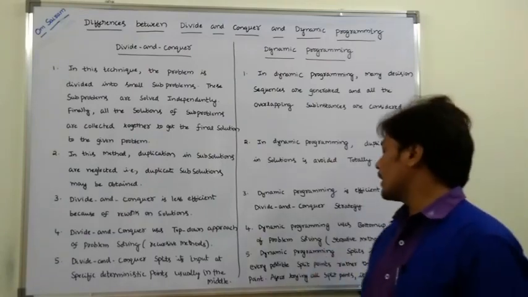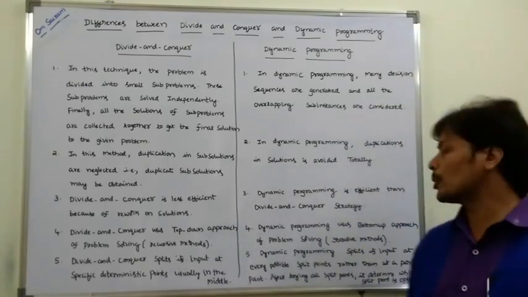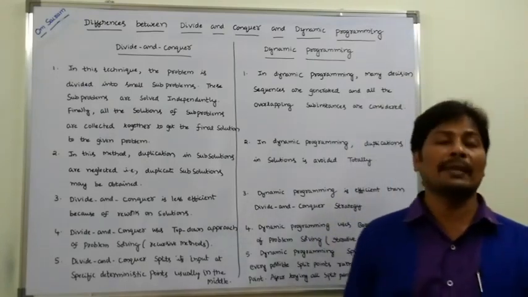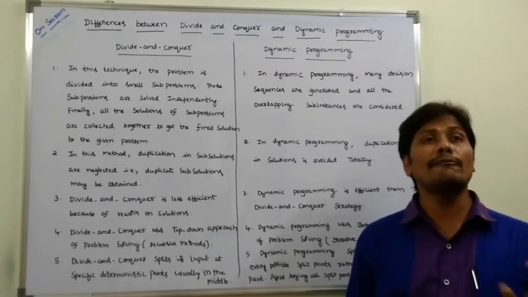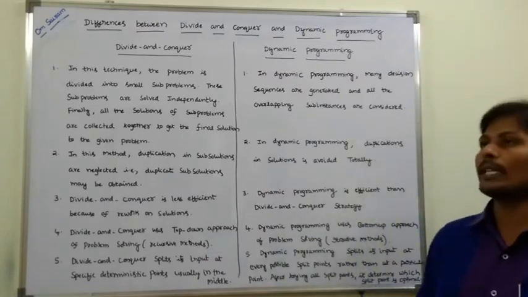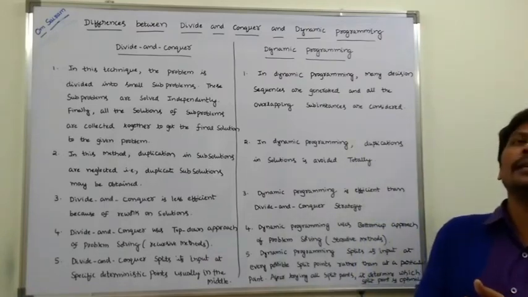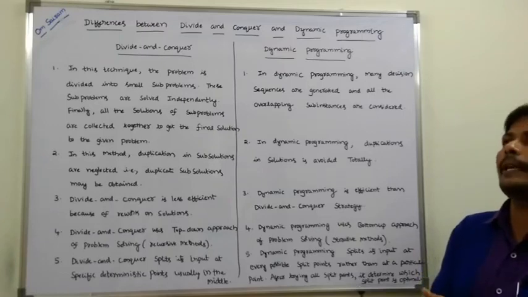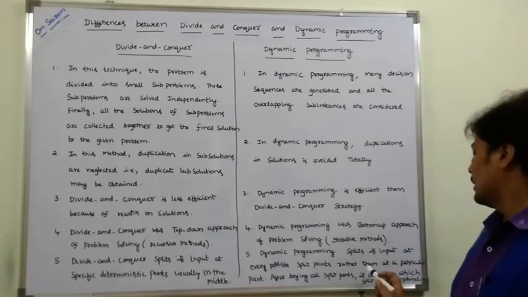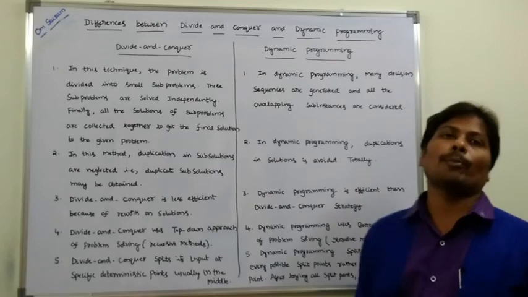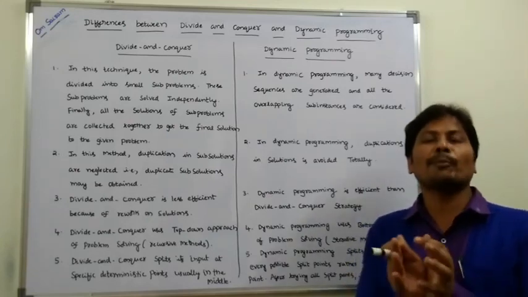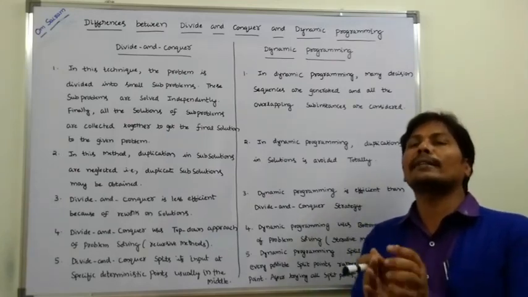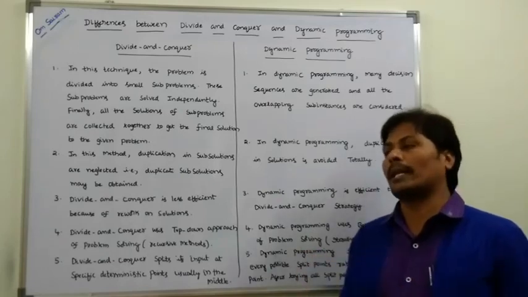But in the case of dynamic programming, it splits its input at every possible point, rather than at a particular point. So there is no specific point to divide the given list into two sublists.